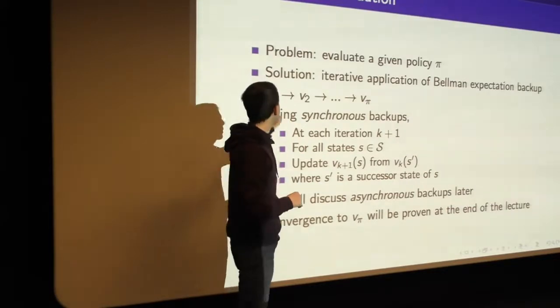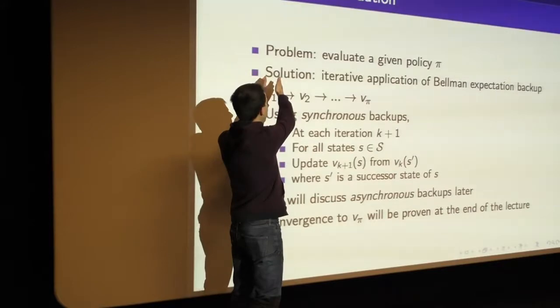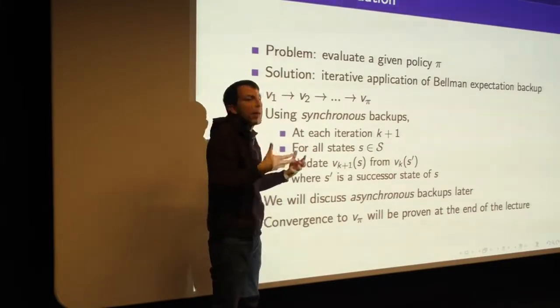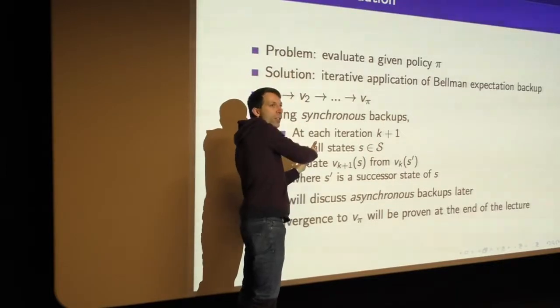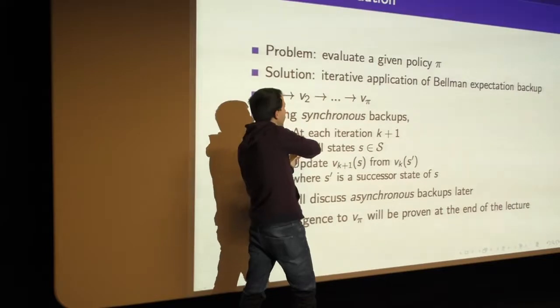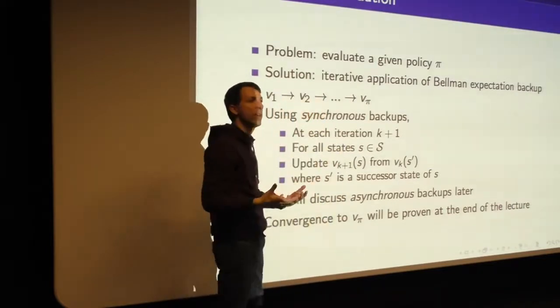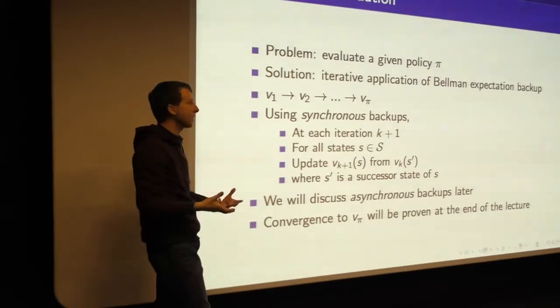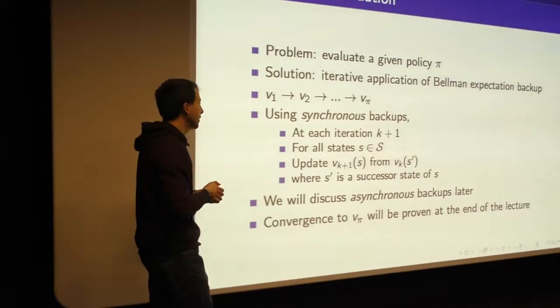We're going to start off with our previous value function, and we're going to apply our iterative update to every single state in this value function to produce a complete new value function for all states. And then we're going to apply a complete new update to give us a new value function. That's called synchronous evaluation. We consider all states at every step. And we'll consider asynchronous backups later, which can be more effective. But this is the simplest case.